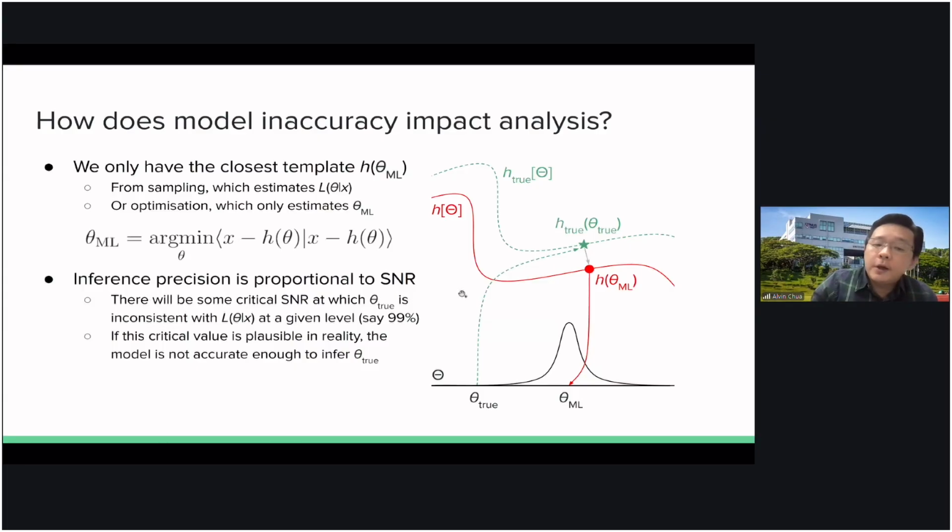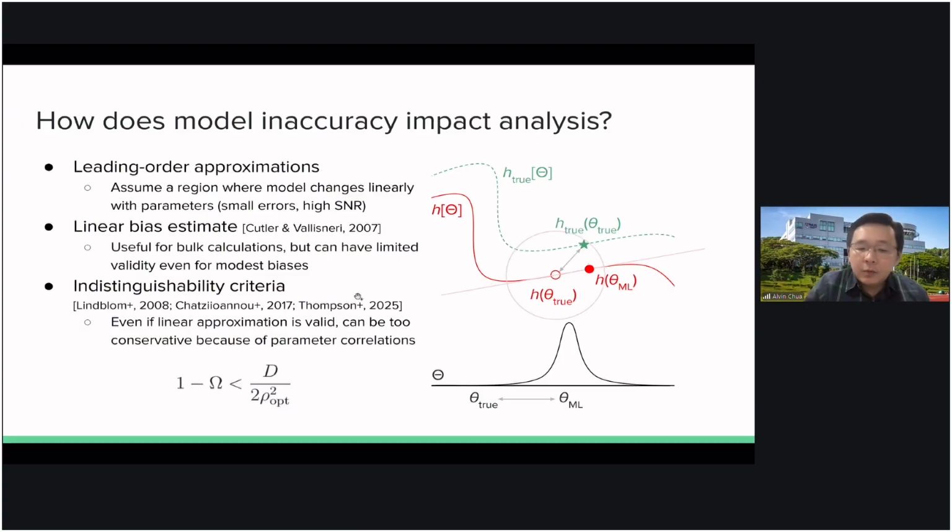There will be some critical SNR at which theta_true, the true parameters, which is what you were after, are inconsistent with the likelihood at a given significance level, let's say 99%. That is depicted in this particular example. Now, if this critical value of SNR is plausible in reality for the type of source you're inferring, then it's fair to say that the model is not accurate enough to infer theta_true.